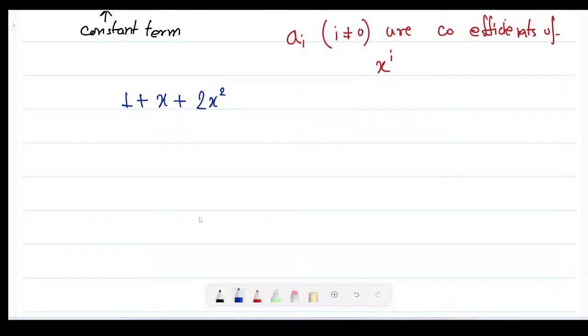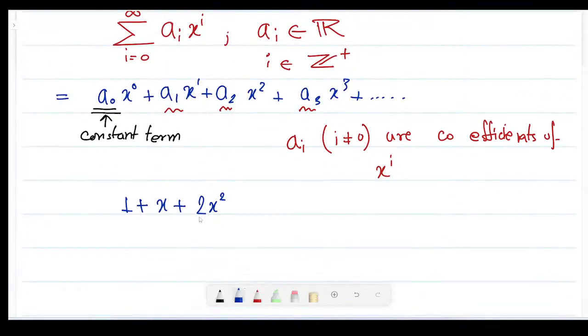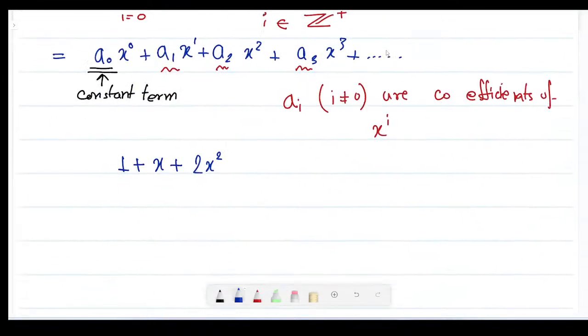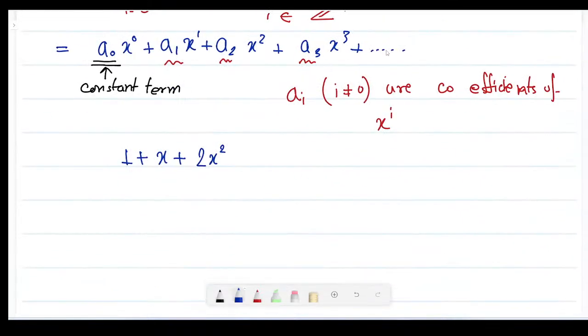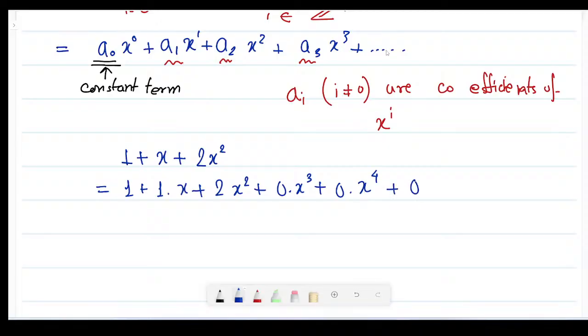Yes, this can be compared with the general expression. How can we compare this? 1 plus 1 into x plus 2 into x square plus 0 into x to the power 3 plus 0 into x to the power 4 plus 0 into x to the power 5 and so on.